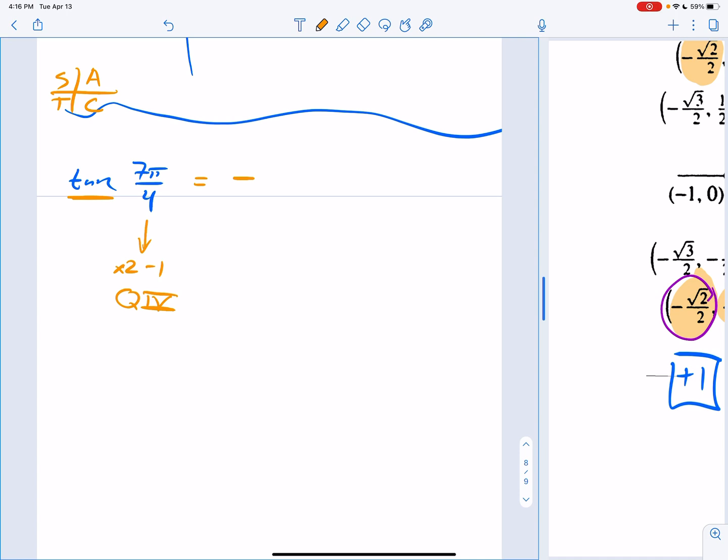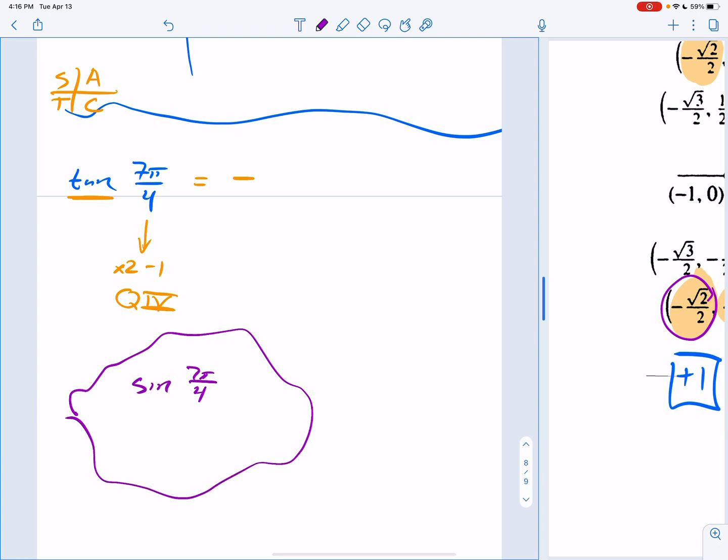But here's the thing. In my mind, tangent is sine over cosine. Sine of something over 4 is easy. That's just rad 2 over 2. Cosine of something over 4 is just rad 2 over 2.